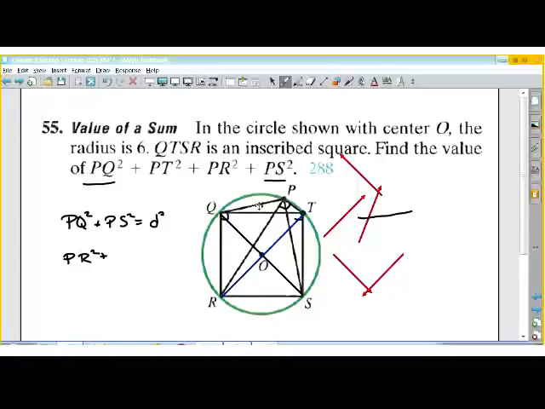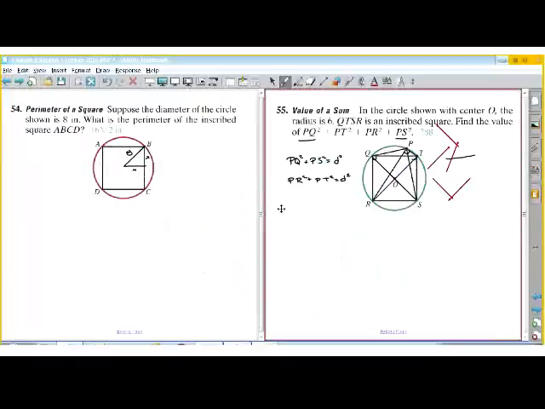So what I find from there is that PR squared plus PT squared, those are the two sides of the right triangle, is equal to the hypotenuse squared, but the hypotenuse is the diameter. So what you can see now is that if I add both of these, I get PQ squared plus PS squared plus PR squared plus PT squared, all the stuff on the left-hand side, is equal to D squared plus D squared.